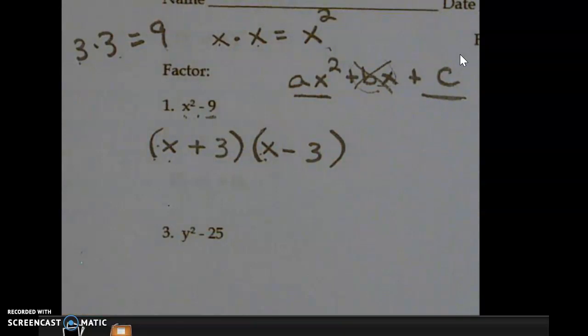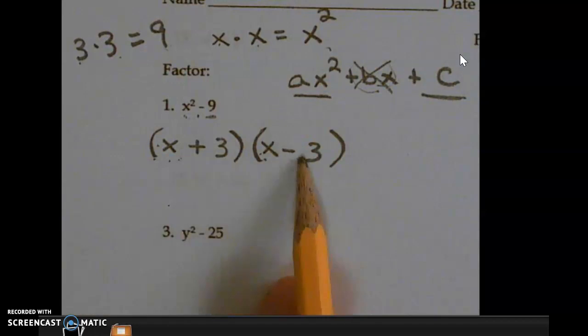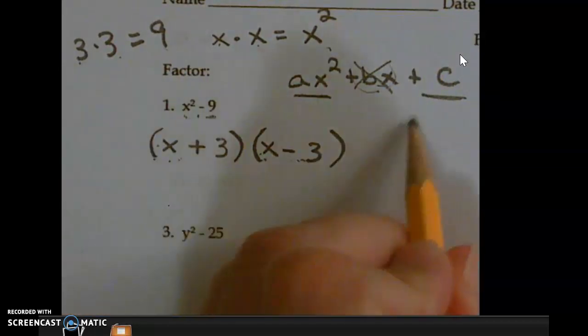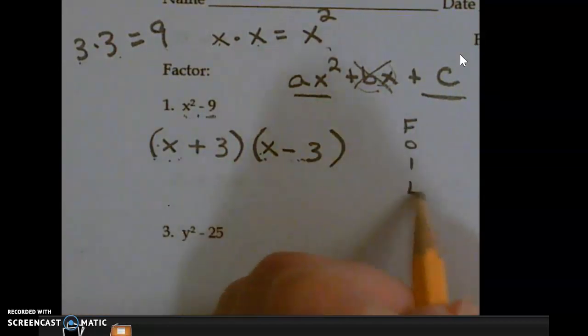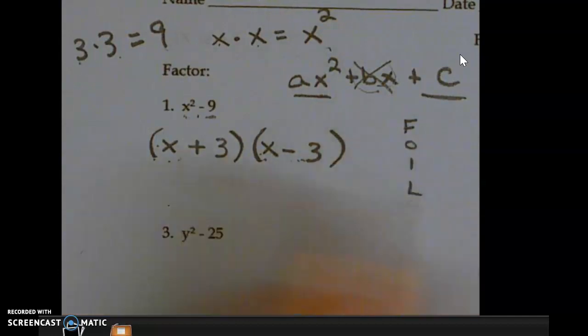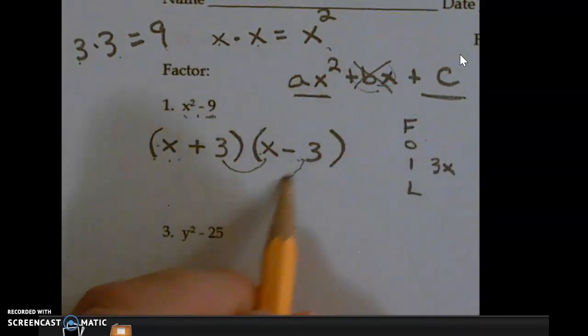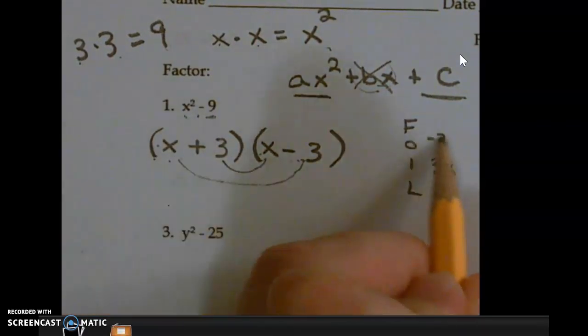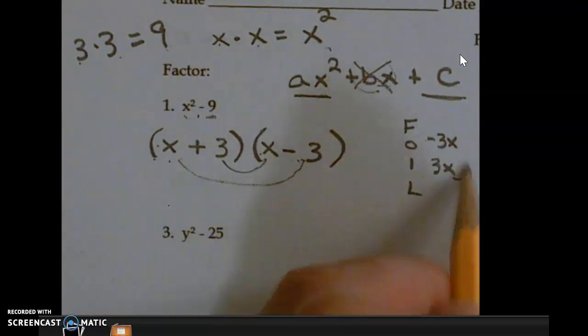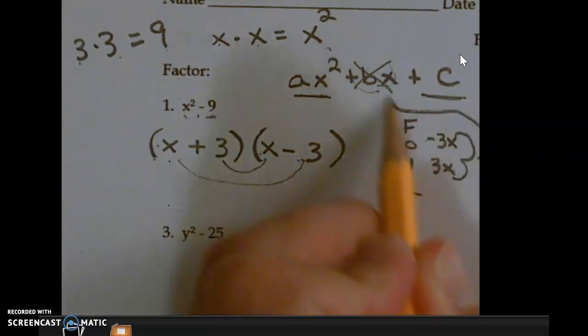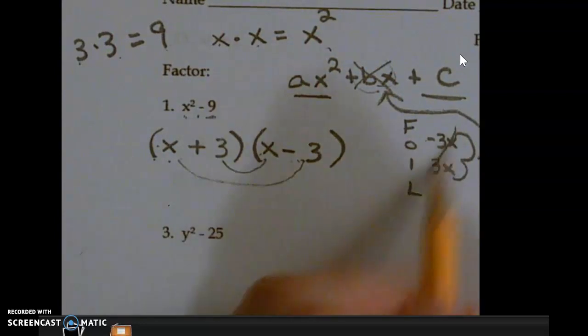Now, I'm not sure what you know about factoring or actually multiplying binomials, but if you've ever used FOIL, first, outer, inner, last, the inner is 3x. The outer would be negative 3x. And these together form your middle term, so they cancel each other out.